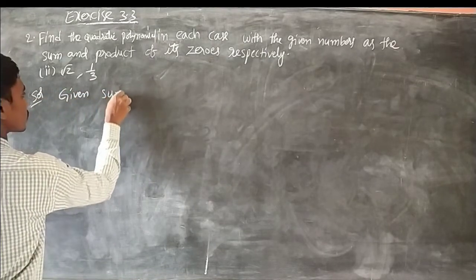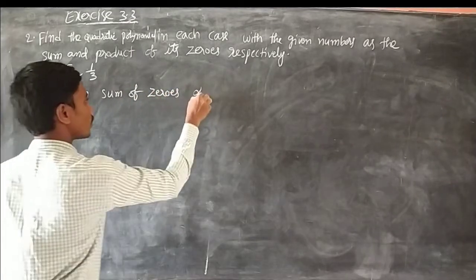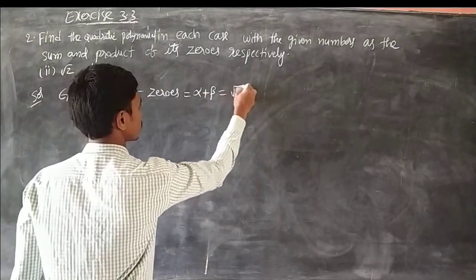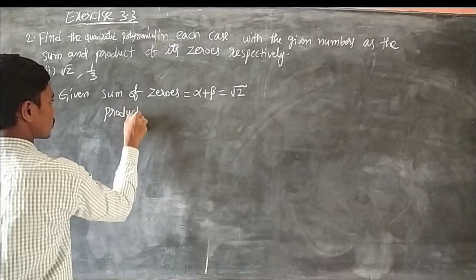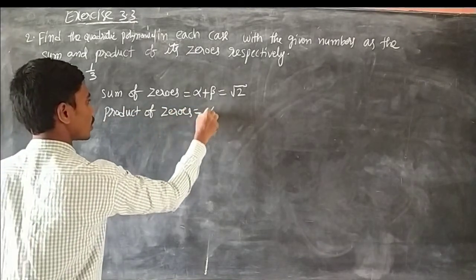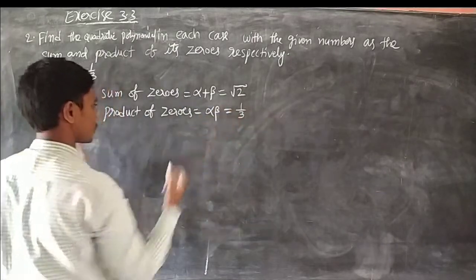Sum of zeros, alpha plus beta is equal to root 2. Product of zeros, alpha beta is equal to 1 by 3.